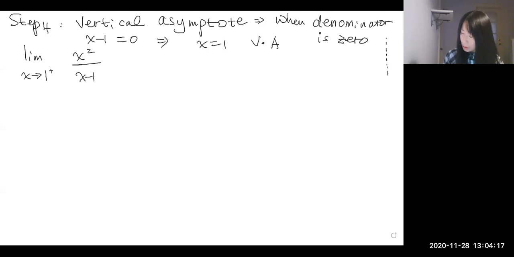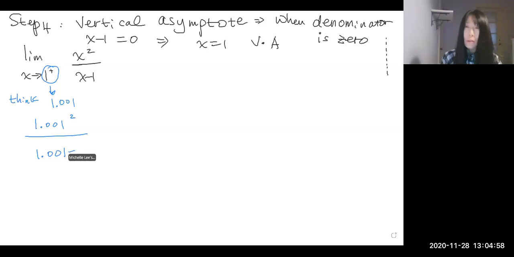Let me give you a hint here as well. 1 approached from the right, right? So think of a point slightly to the right of 1, like 1.001, it's up to you, okay? Then you plug in 1.001 squared and 1.001 minus 1.